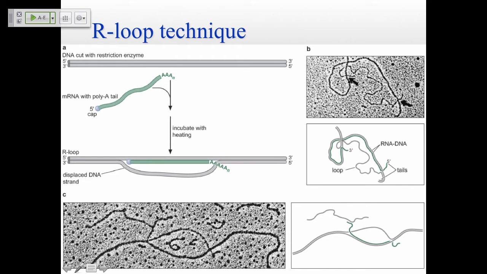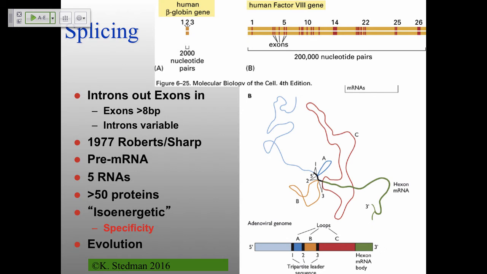And this is how people discovered splicing in the first place. They looked at messenger RNAs, did this R-loop technique, and bound them to DNAs, and they said, whoa, wait a minute, we've got all these bizarre loops forming here. So the DNA is not base pairing to the RNA in all places, but there are these other bits and pieces which are base pairing to our final, already processed RNA.